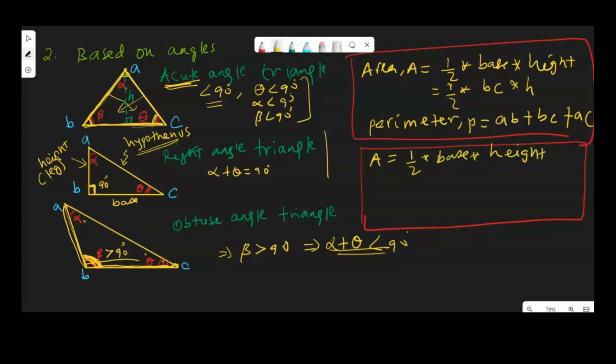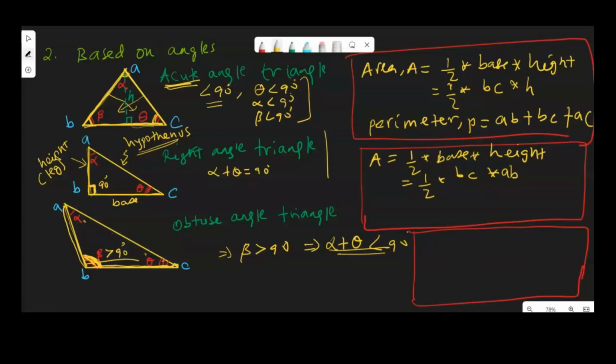So in this case, the base is BC and the height is AB already, because they are already perpendicular to each other, so we don't need to draw the straight line from the vertex all the way down to the base.